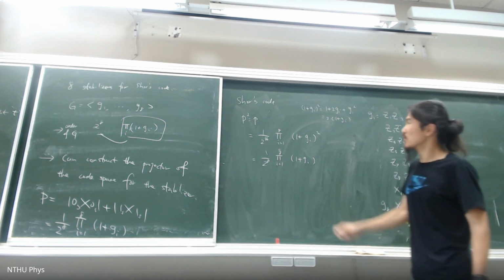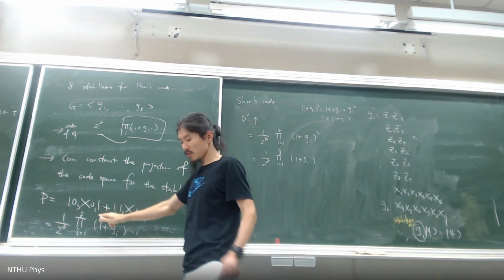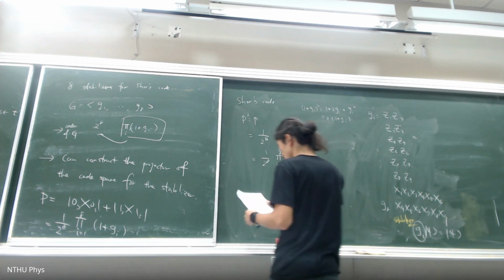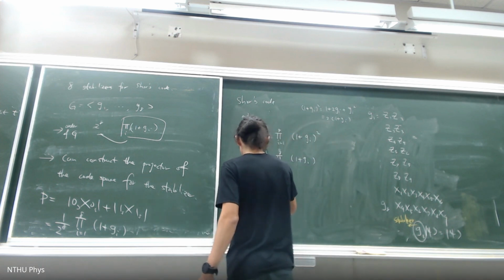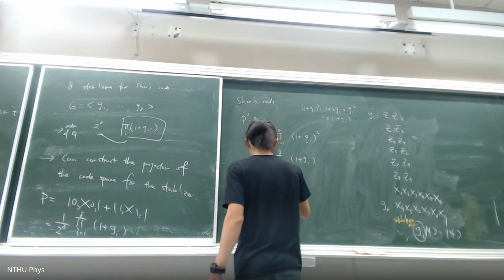And then next I want to show this projector has this form. Right. So what I need to show is just X on this.